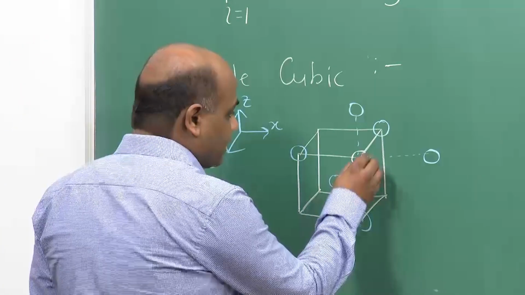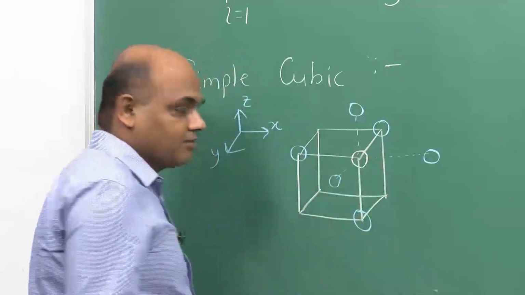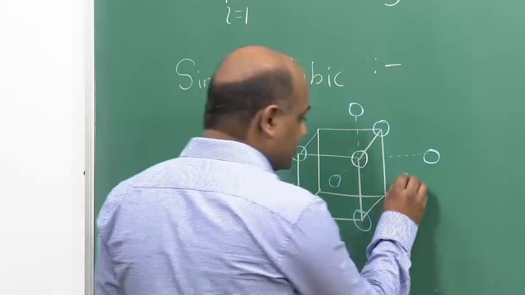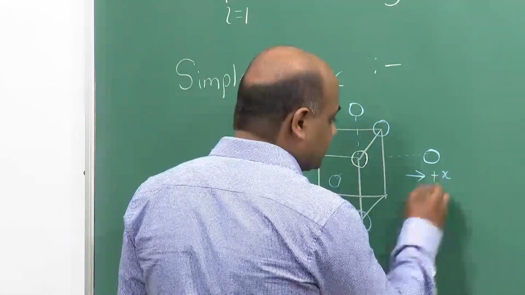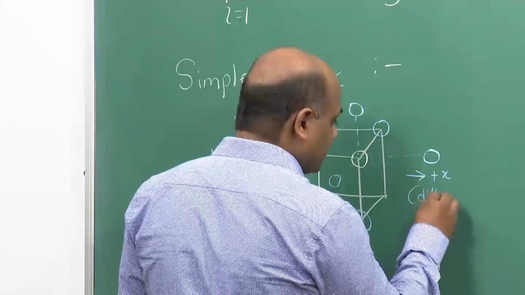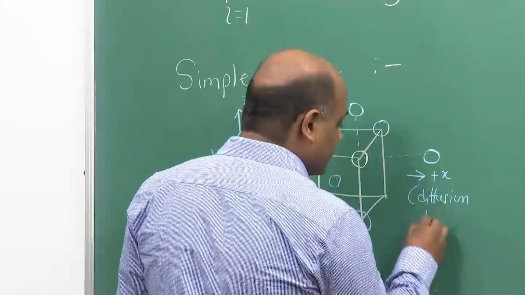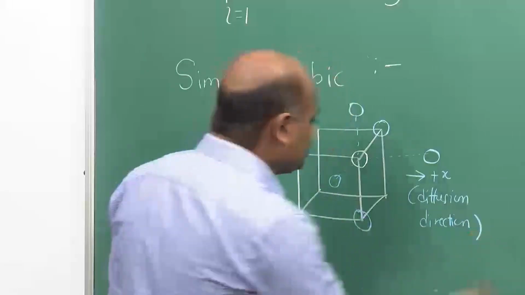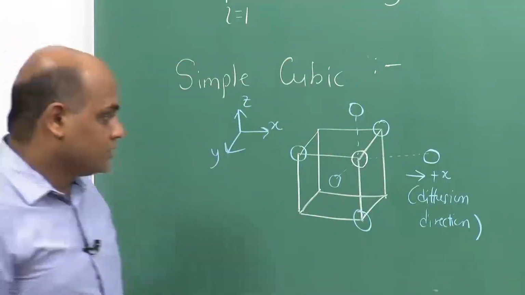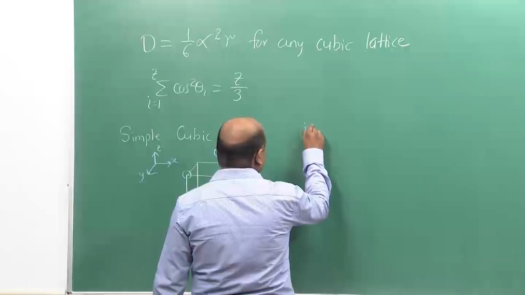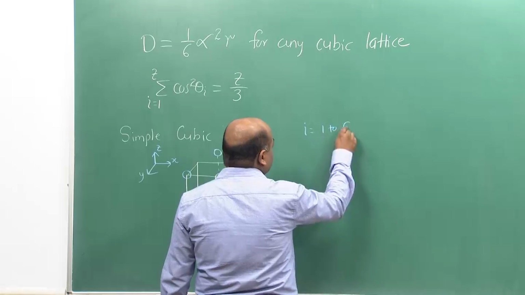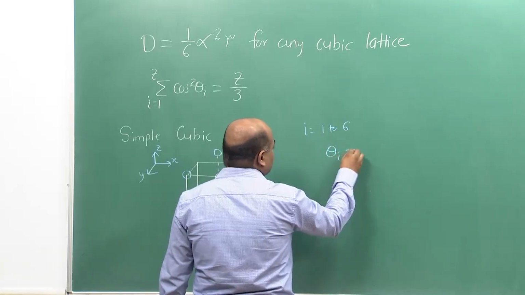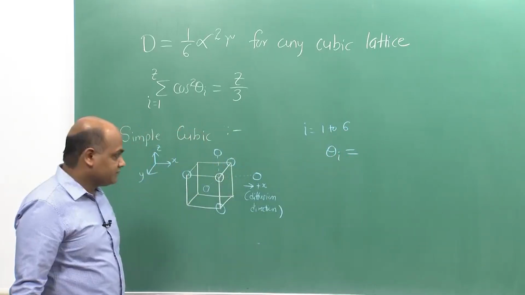If this particular atom has to jump, and if this x direction is our diffusion direction, so I goes from 1 to 6. So, what are the different angles theta I?